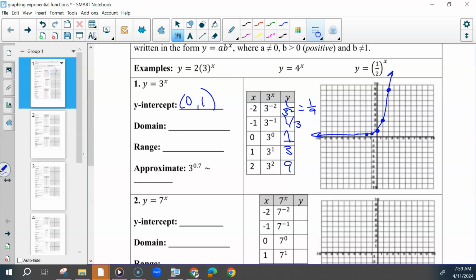And then we talked about domain and range for quadratics, but now let's apply that here. If we're looking furthest left to furthest right for domain, what would that be here? Where would it start? It goes to negative infinity, so that's where it starts. Where does it end?